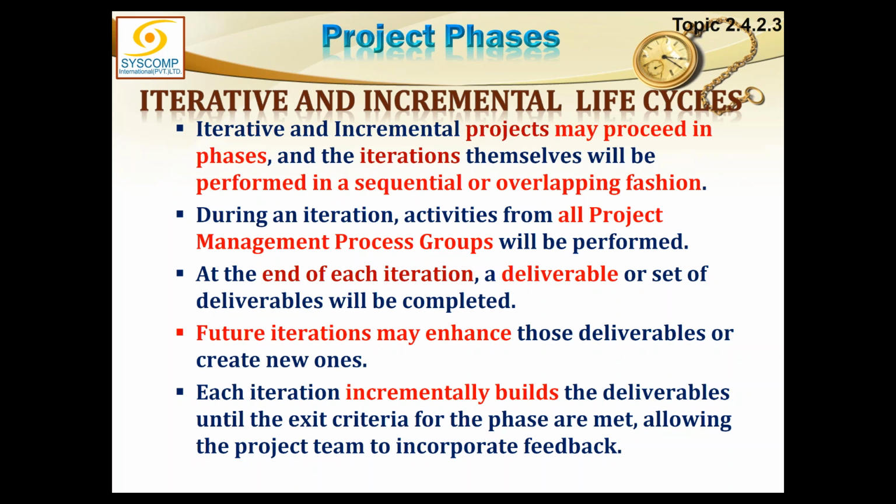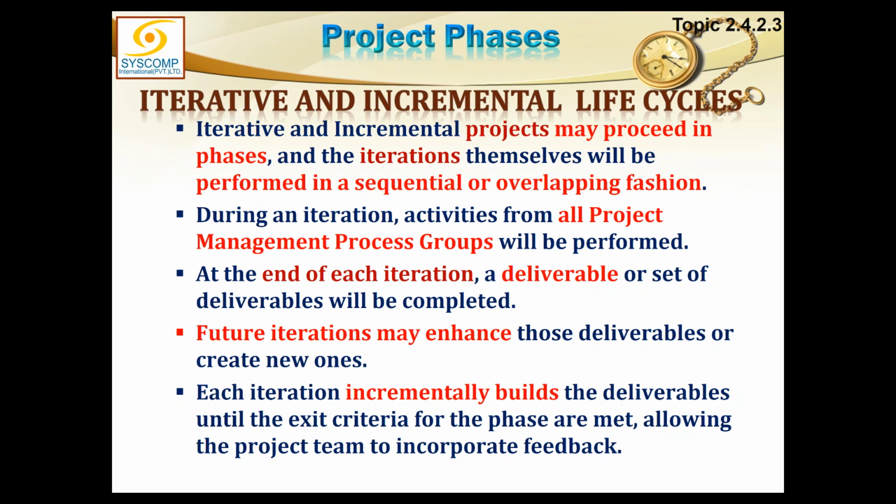At the end of each iteration, a deliverable or set of deliverables will be completed. This is also normal. Future iterations may enhance those deliverables or create new ones. So the future iterations, which we don't know right now, would serve to improve your deliverable or enhance or add some functionality to your deliverable.